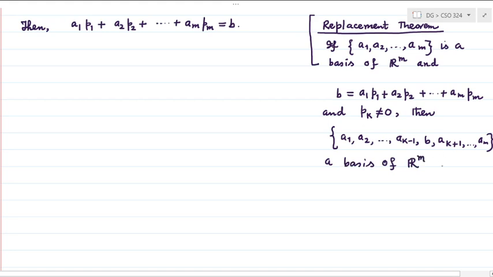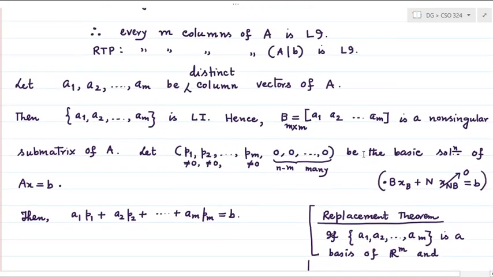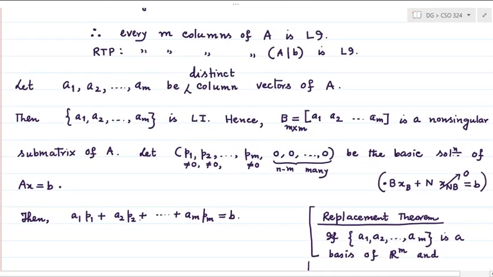This result you all have gone through in mathematics 2, and the same result we will apply here. Here you notice that you have not only one pk, but all pi's are non-zero.